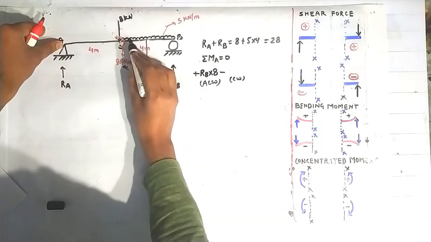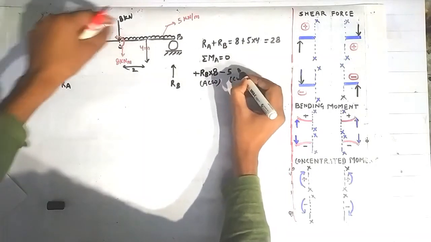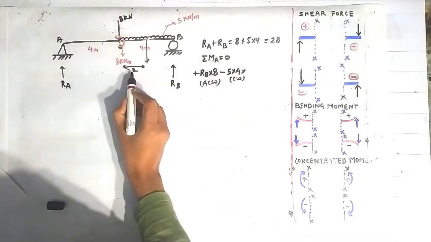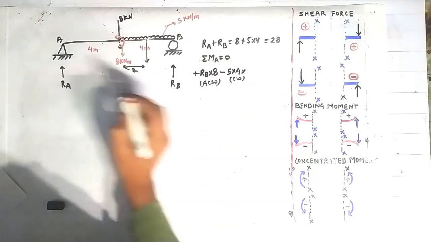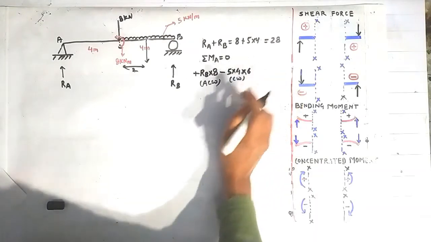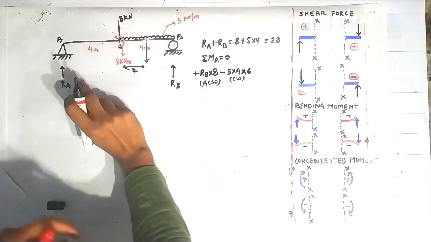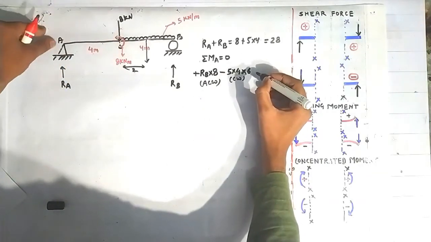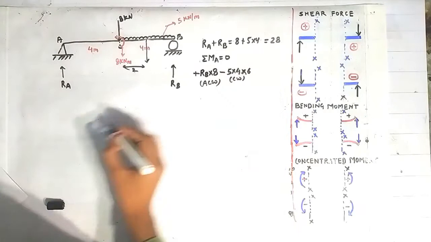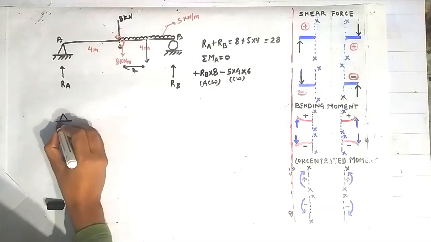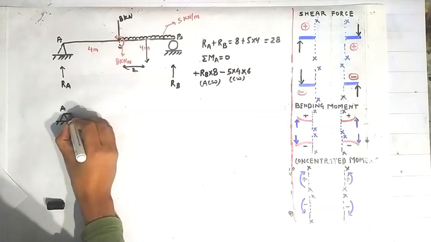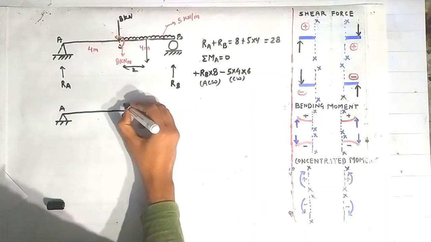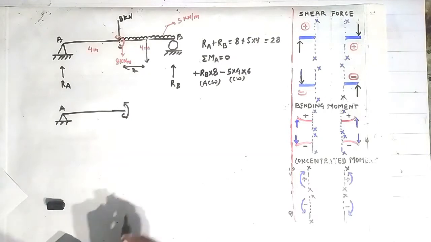And the magnitude will be the intensity of this UDL, which is 5 kN per meter, and the distance over which it is spread is 4 meter, and it will act at a distance of 2 plus 4, that is 6, from the point A. So it will give us the moment like this. Now because of this concentrated moment, it will rotate this beam element AC in counterclockwise direction. See, this is the point A and this is the beam, this is the point C, and this moment is acting like this, going in this direction, counterclockwise.